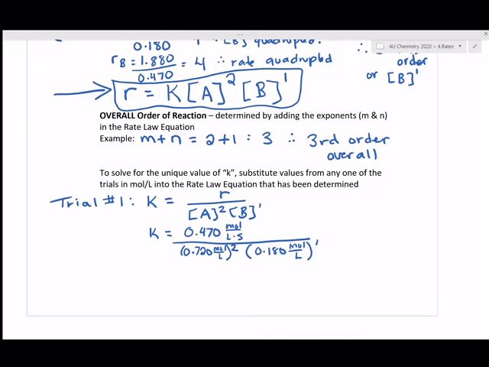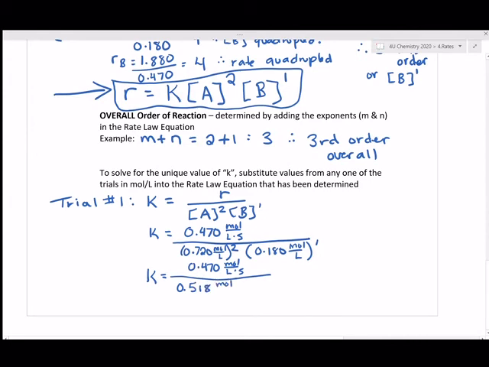Now, I think I'll just rewrite this one more time. I know we're getting a little tight for room, but I just want to show you what happens with this. So we still have this on the top, moles per liter per second. And here, when you square this, because you're going to have to square it, you're going to have 0.518. But look at the units.